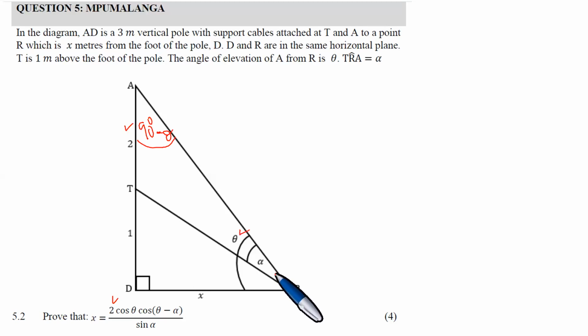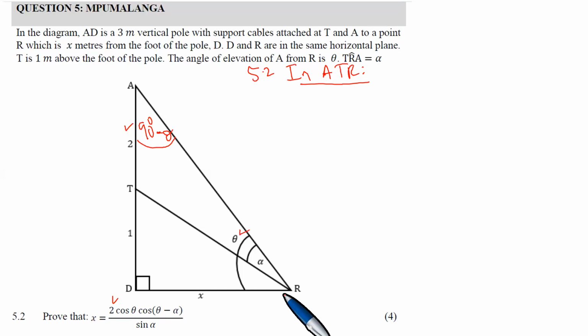So what do we need right now? We need to realize that we just need to work in this triangle ATR. That's all. So the answer to 5.2 would be that in triangle ATR, we're going to use the sine rule. First things first, we see that we need to get TR.